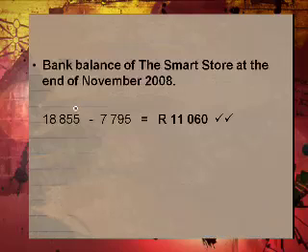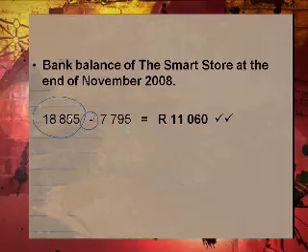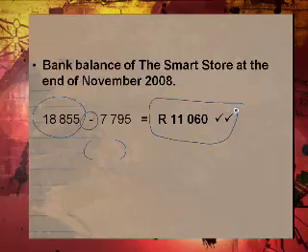Okay. The surplus minus, this was an overdraft. The 7795 was an overdraft. So you have to subtract it from your surplus. Notice the operation, it's a subtraction. You also can use a bracket to indicate that you are subtracting, and that's the amount of your bank balance.